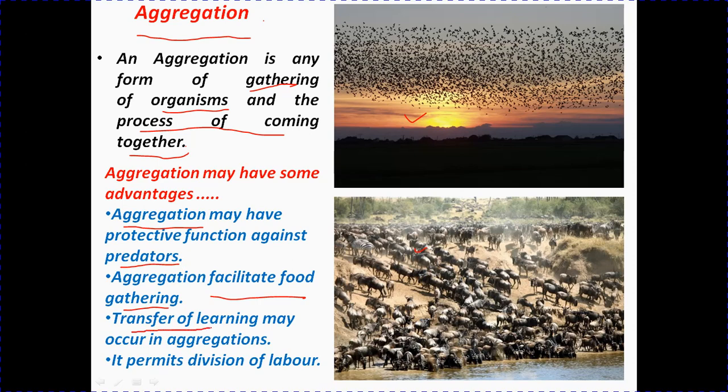Transfer of learning or information also occurs during these aggregations: the message is transferred from the adults to the young ones, who get to learn new things from the adults. These aggregations also permit division of labor. That's why these animals form aggregations.